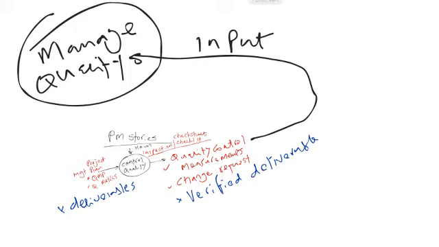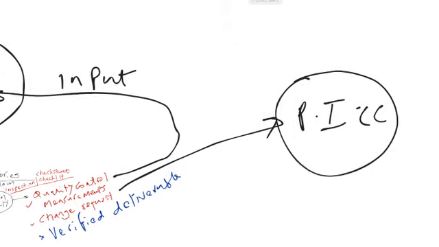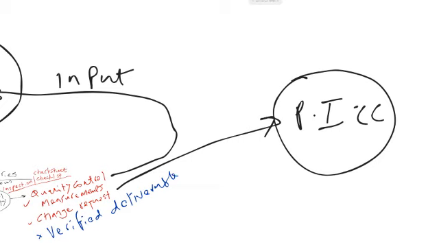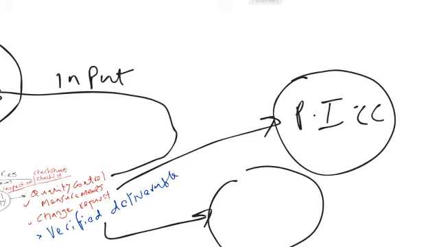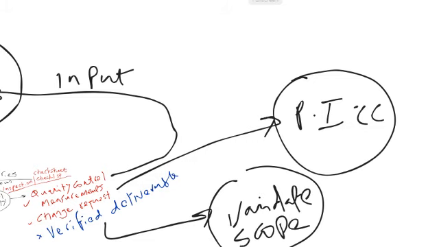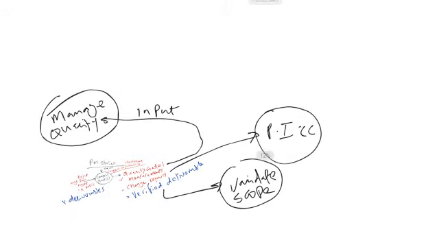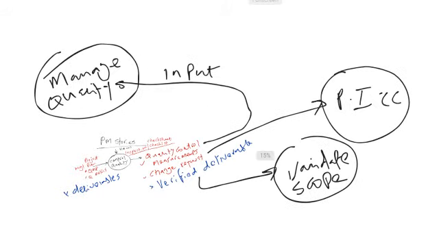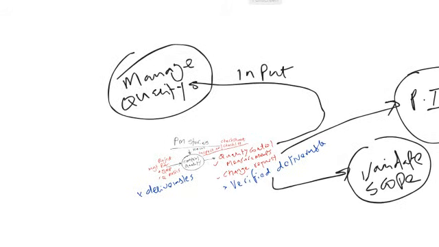What about my change requests? Well, my change requests, they're going to become an input to perform integrated change control. And my verified deliverable is going to become an input to validate scope. And from here, there's going to be a lot more interaction taking place.